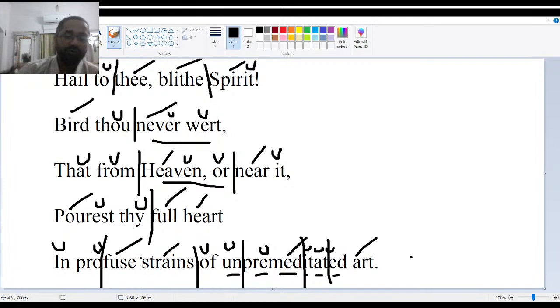Notice that this is iambic. So you have a very strange, unusual kind of variation. You have an entire line which is iambic in a passage which is trochaic.